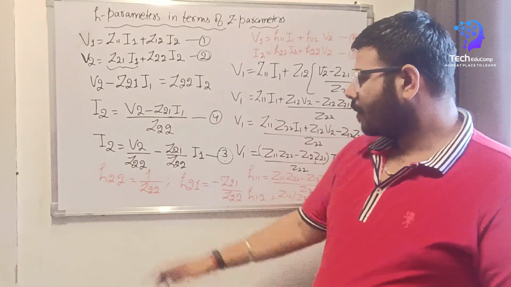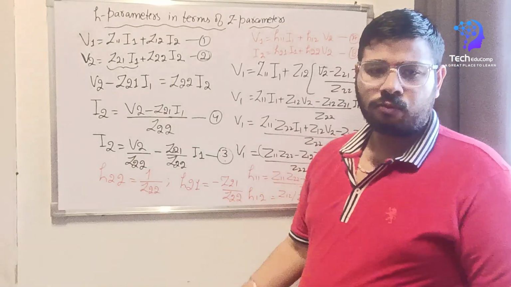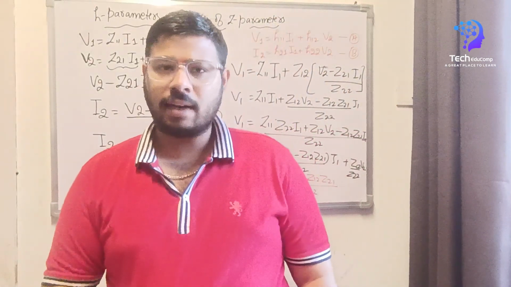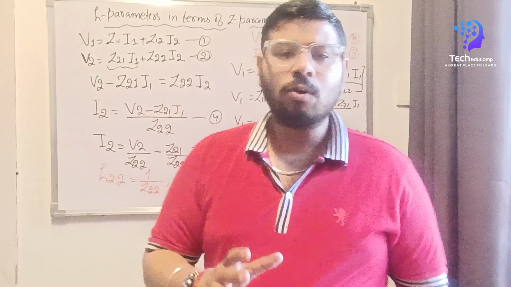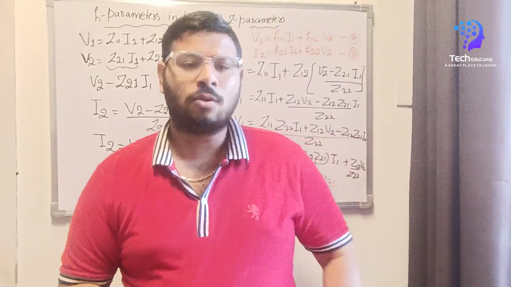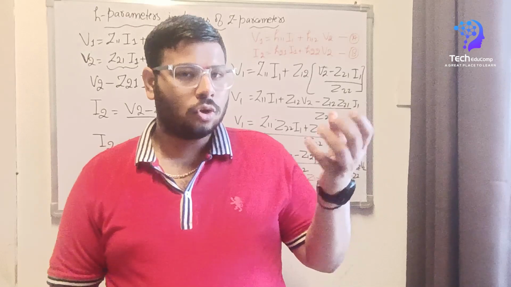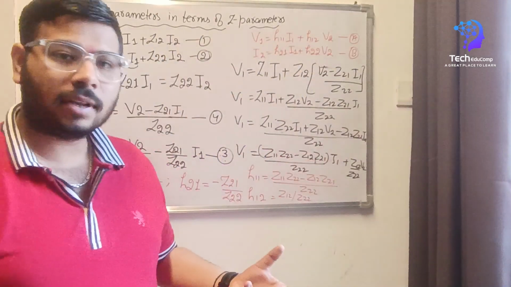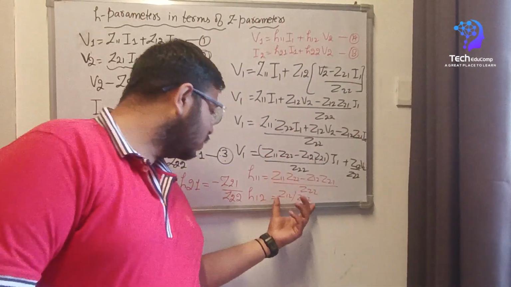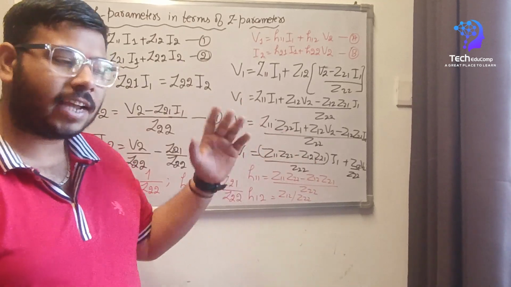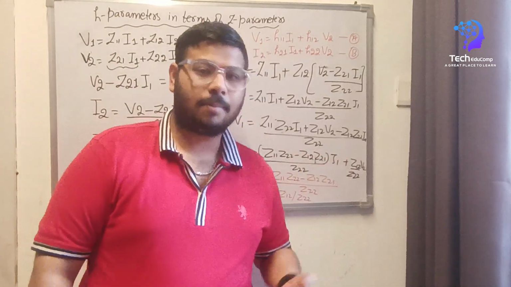So in the end we get the values for H11, H12, H21 and H22. So if you get a question where you have only Z parameters and you are asked to write the H parameters, just solve for the Z parameters. You have these values, and you can write the H parameters by using the Z parameters.